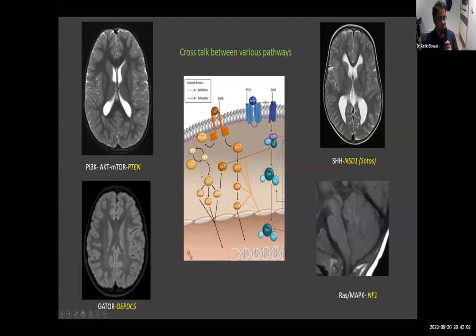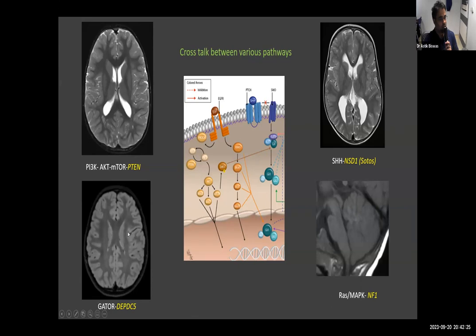So it's important to keep that in mind because, in all of these various pathways, the final outcome can be that of overgrowth, and depending on what is involved, it can either be a generalized cerebral overgrowth, or in this case of NF1, an isolated macrocerebellum.